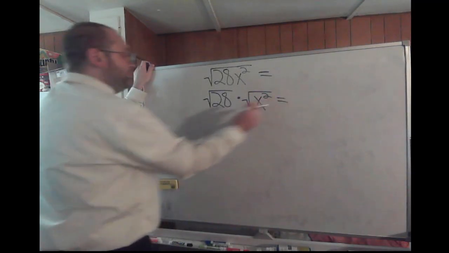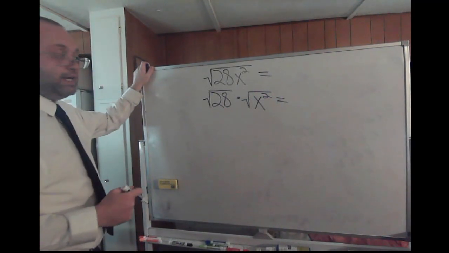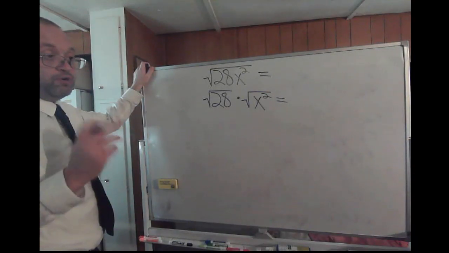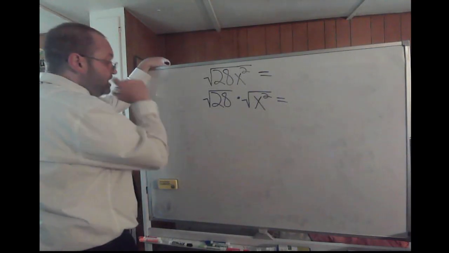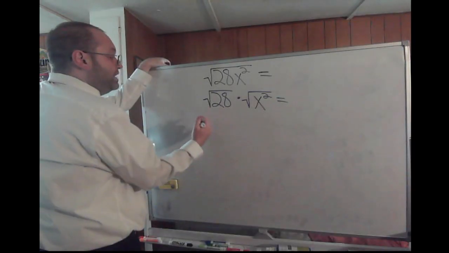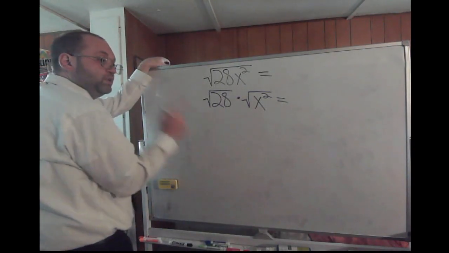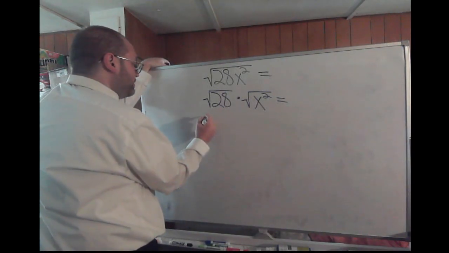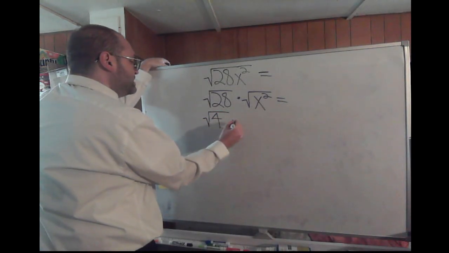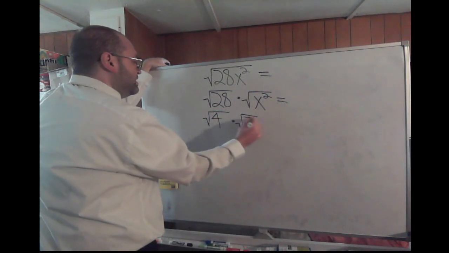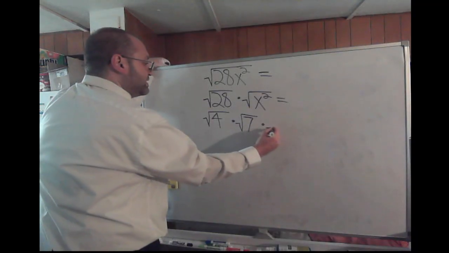But immediately we notice we have the square root of 28, which is not a perfect square. But we can separate it into factors where at least one of them is a perfect square. Square root of 28, you'll have the square root of 4 times the square root of 7. Then all that times the square root of x squared.